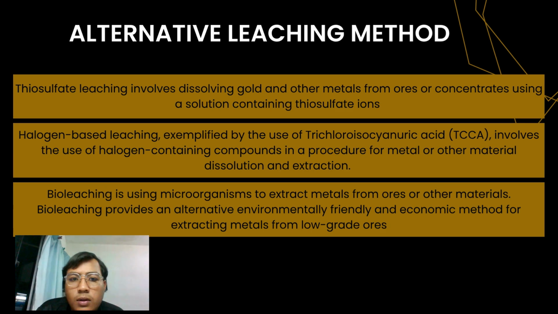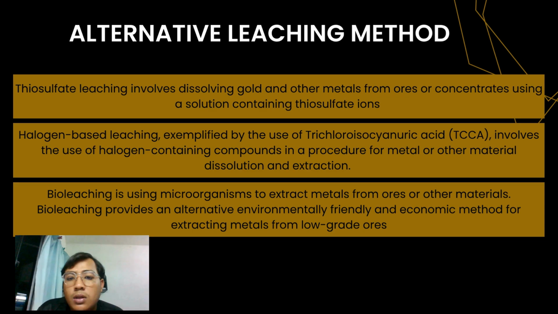Halogen-based leaching, explained by trichloroisocyanuric acid, involves using halogen compounds in the procedure for metal and other material dissolution and extraction. Bioleaching is using microorganisms to extract metal from ore or other material.